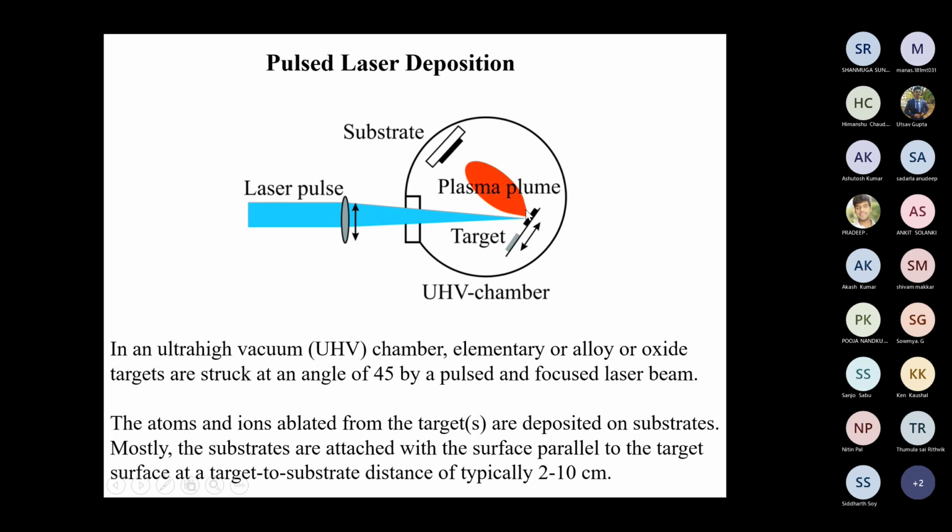So that means in sputtering we talked about individual atoms, but in this case a range of atoms, or an entire area, will be ablated and deposited on the substrate. Mostly the substrates are attached with the surface parallel to the target surface, at a target to substrate distance of around 2 to 10 centimeters. So from here to here this distance will be around 2 to 10 centimeters.